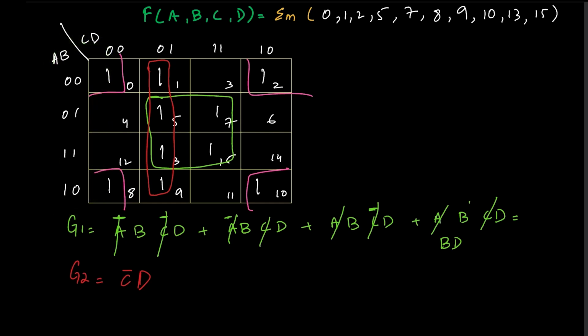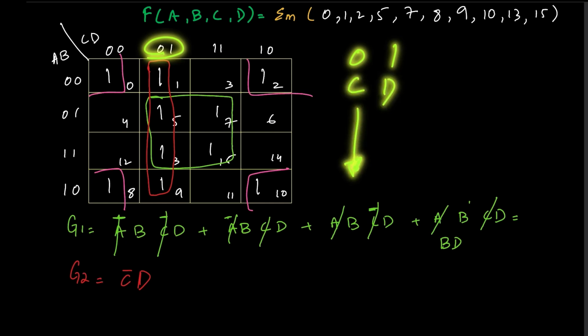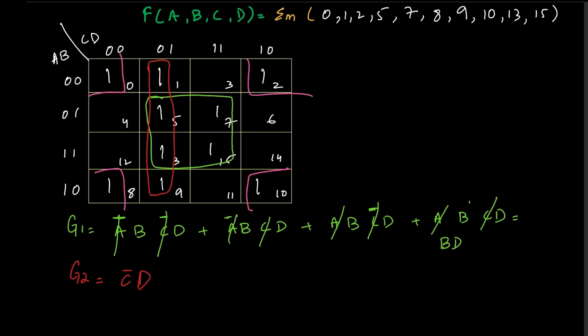So there will be a change in A and B, but C, D are constant. So without even calculating, we can write down C dash and D. You can calculate for your satisfaction, but that's how it can be done as well.